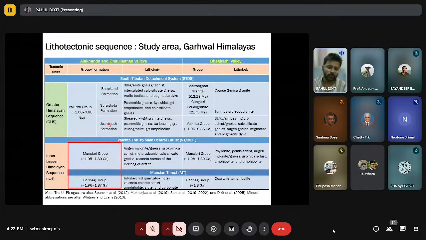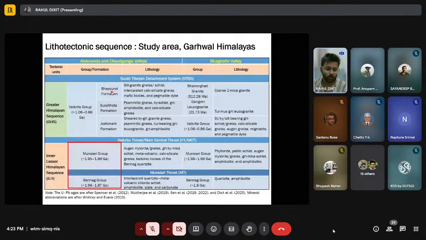On the hanging wall side of the Vaikrita or the main central thrust, we have the Greater Himalayan rocks, which are essentially Neoproterozoic in age. They are further divided into three main formations in the Alaknanda Valley: the Joshimath formation, then the Suraithota, and towards the STDS, the South Tibetan Detachment System, we have the Bhapkund formation.